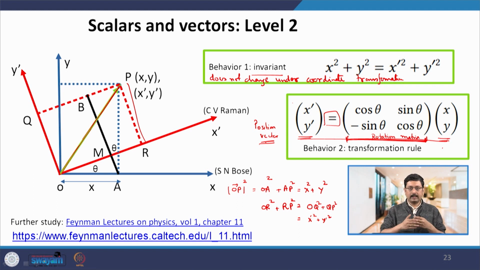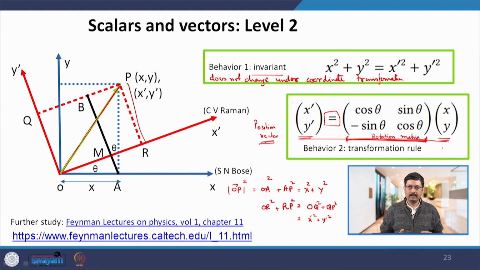But instead of that, I am going to take this approach: I will assume that laws of physics remain the same under coordinate transformation, and then I will use this as a definition, a way to classify these two kinds of behavior.